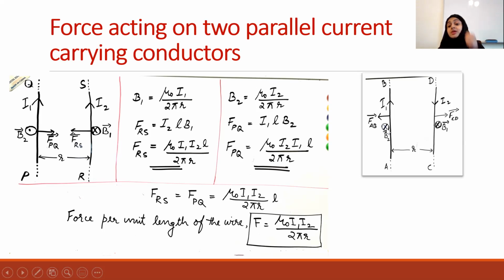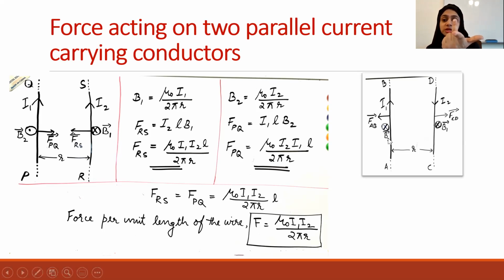Now again, I'll have to use my left hand in order to find the force acting on the wire AB. So here, this is my left hand. I have to hold my first finger in the direction of the magnetic field, which is into the screen. And my second finger, I have to hold it upwards because the current is moving upwards. So you can see what will be the direction of the force. My thumb is pointing to the right.